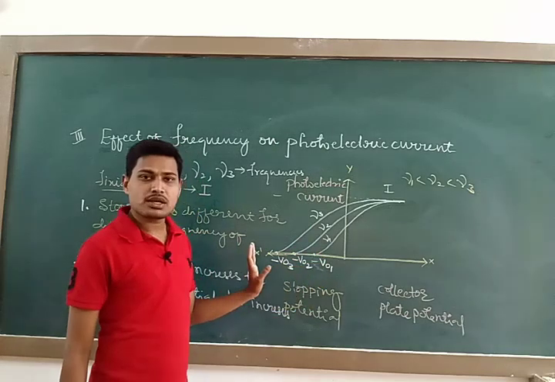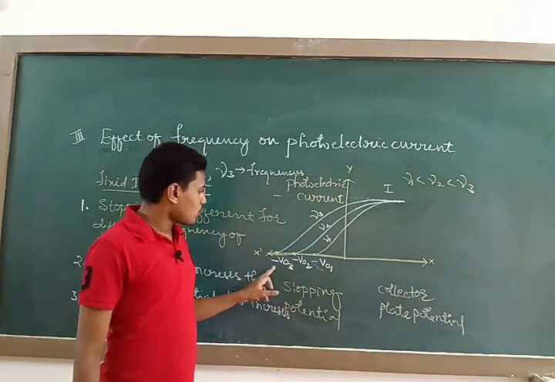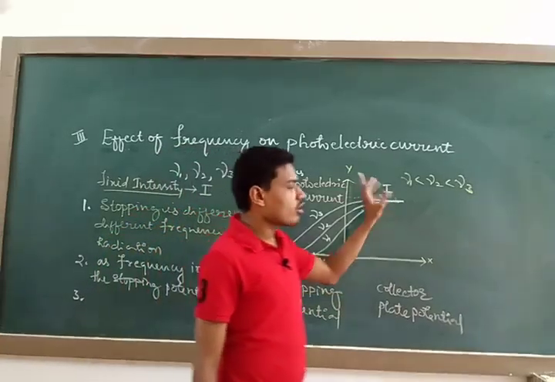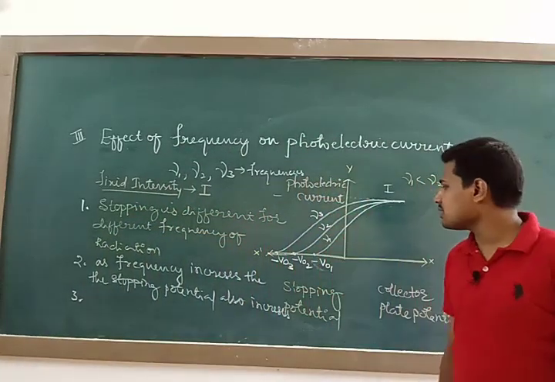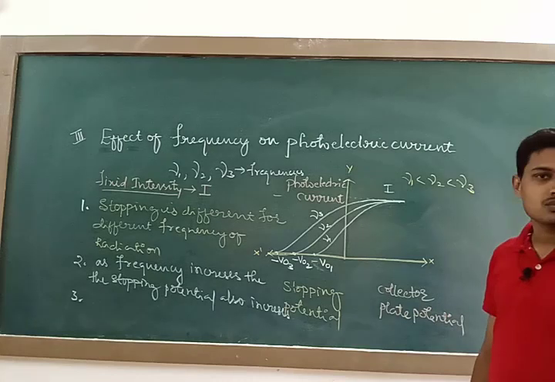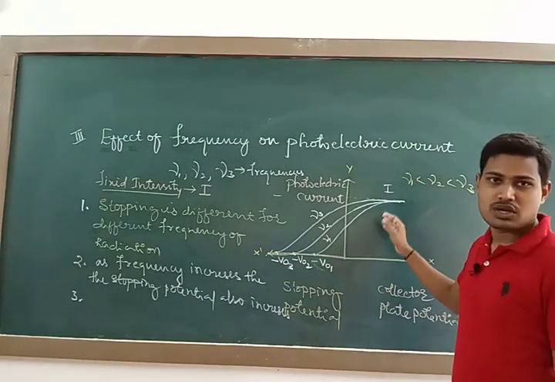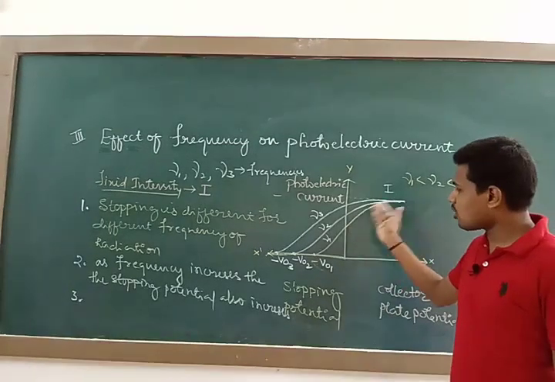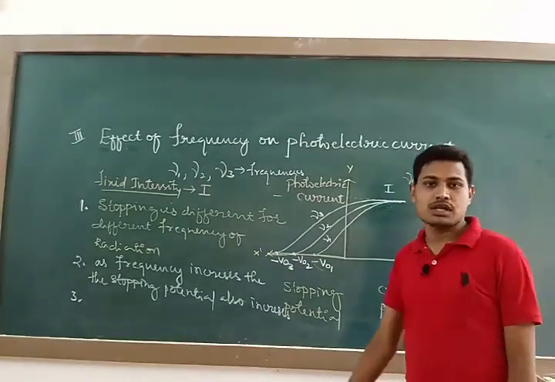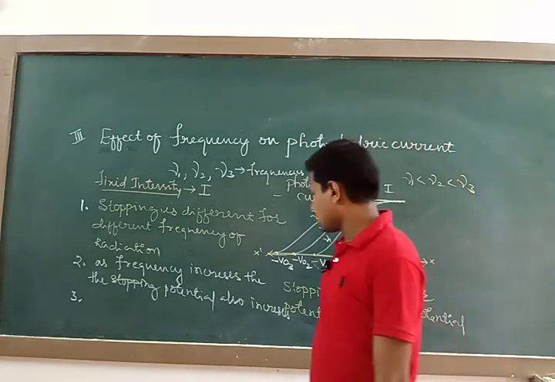Remember, stopping potential is independent of the intensity of the incident radiation. So though I am varying the frequency, I am having the same intensity, which does not affect the stopping potential here. Okay, next.